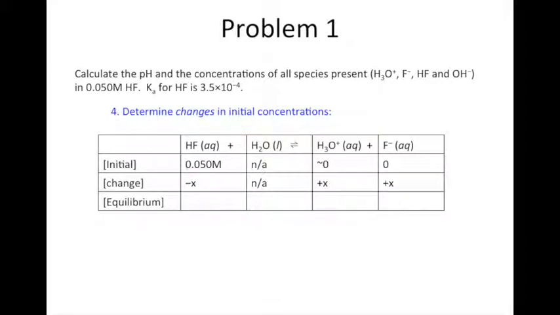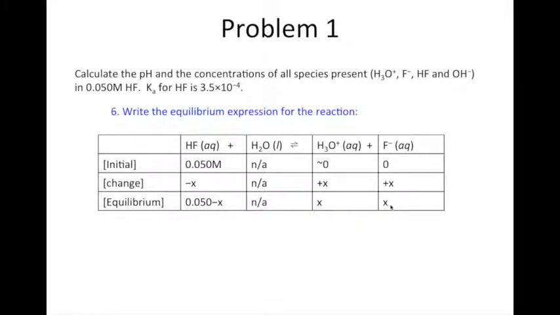We know it's going from left to right, so my reactant concentrations will decrease and my product concentrations will increase. And we look at our stoichiometry here, everything is a 1 to 1 to 1 ratio. So we have minus x, plus 1x, and plus 1x here. Next, let's fill in our equilibrium concentrations. This would be initial minus the change here, and initial plus the change over here on the product side.